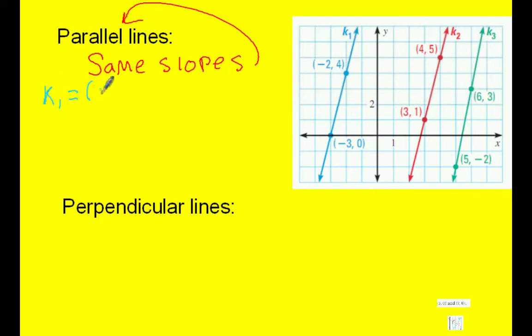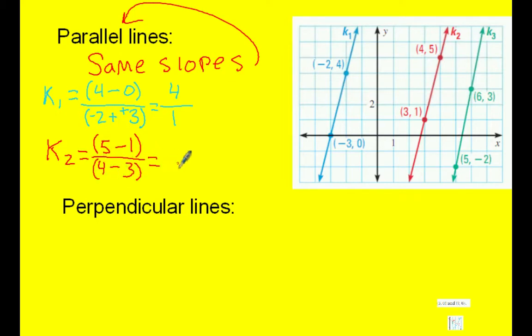Well, let's start out with the y's over the x's again. We're going to find out that the slope is 4 over 1. Cool. Let's look at the second line, K2. We find out again that the slope is also 4 over 1. Interesting. That means they have the same slope, so they're parallel.